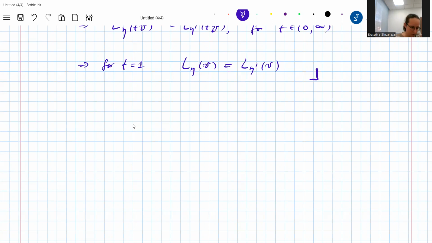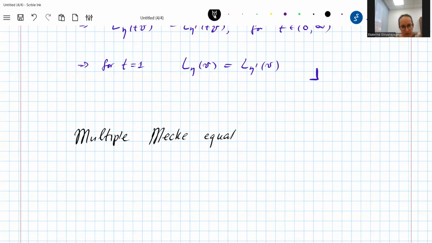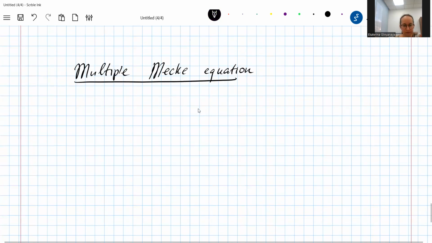Okay, so let's move forward, and as I mentioned at the beginning, I want to show the generalization of the Mecke equation for the multidimensional case. So let me recall what it was for the one-dimensional form.